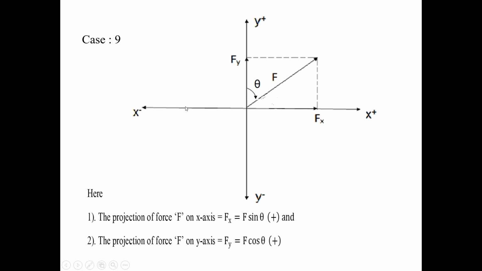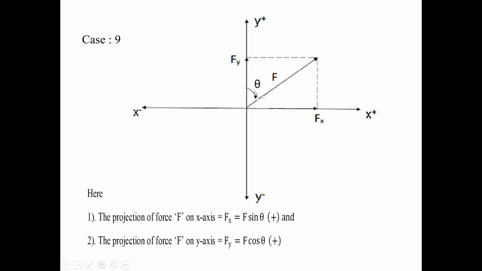From this diagram, cos theta is equal to adjacent side by hypotenuse. What is adjacent side? Fy. What is hypotenuse? F. So cos theta is equal to Fy divided by F. So Fy is equal to F cos theta. So if the force F makes the angle theta with the y-axis, the y-axis projection of force F, Fy, is equal to F cos theta.